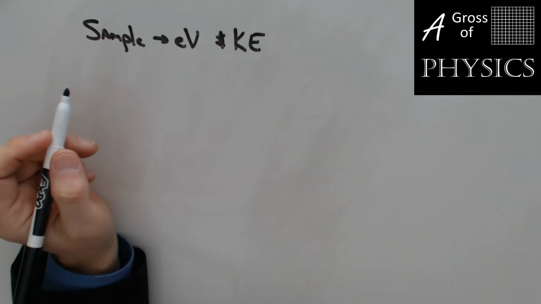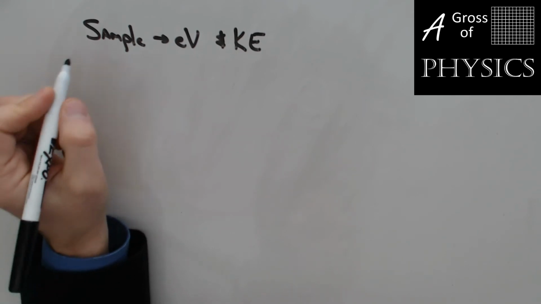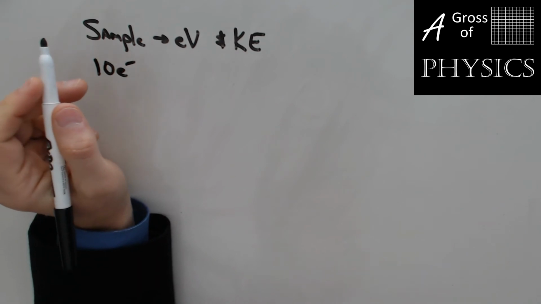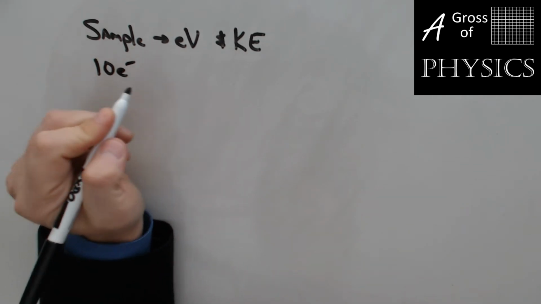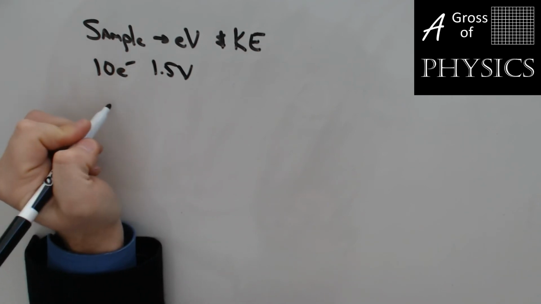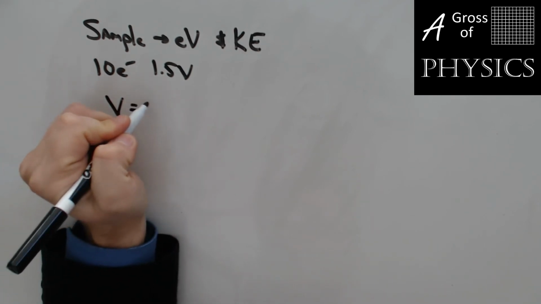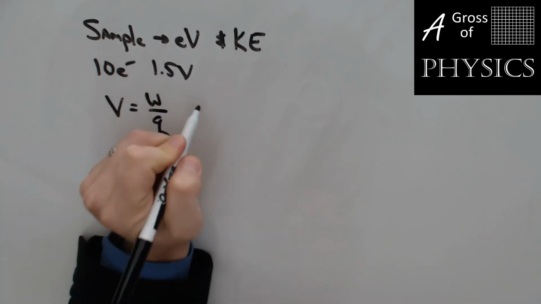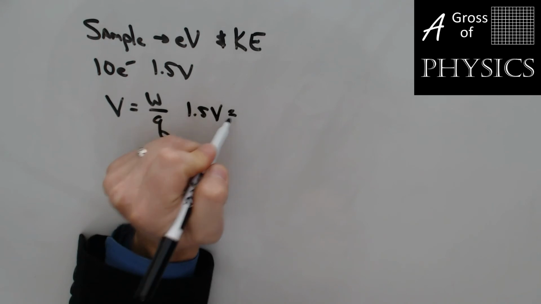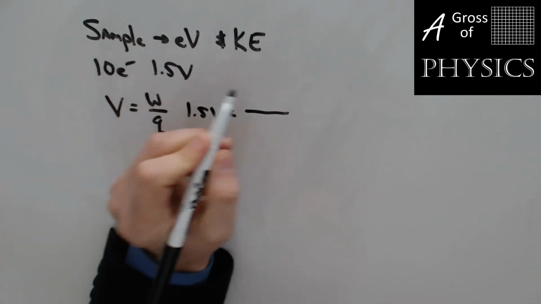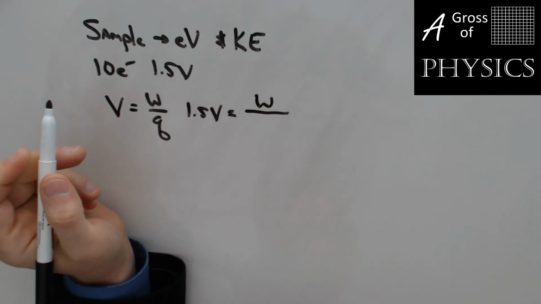All right, this next one we're going to look at electron volts, and we're going to move 10 electrons through a potential difference of 1.5 volts. So if we look at our V equals W over Q equation, V is 1.5. We know that Q is 10 electrons, so we're trying to find the work.